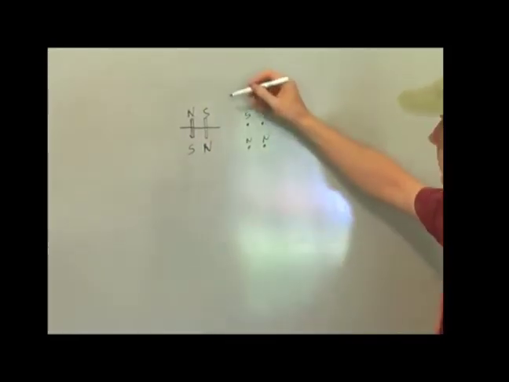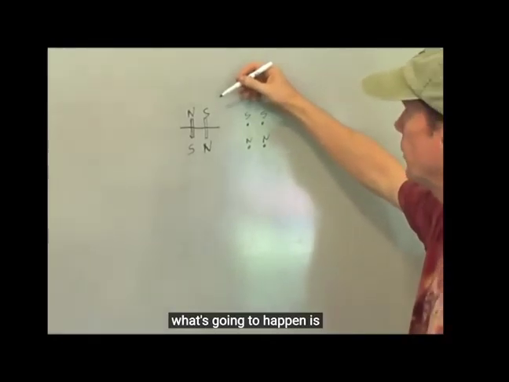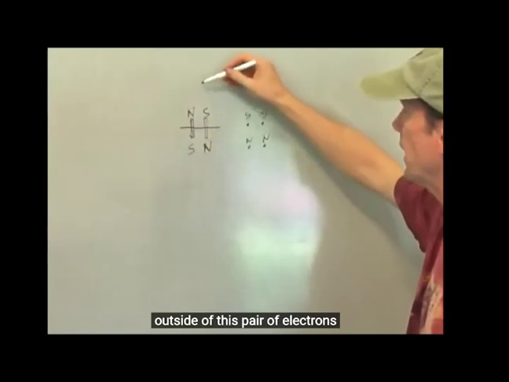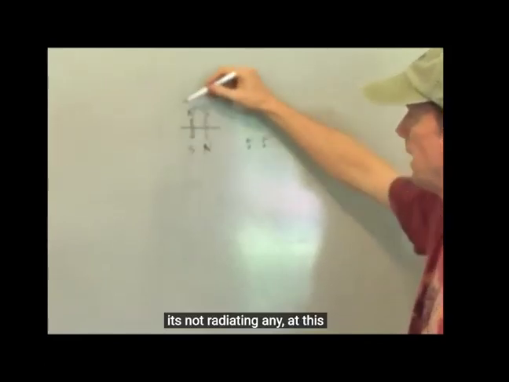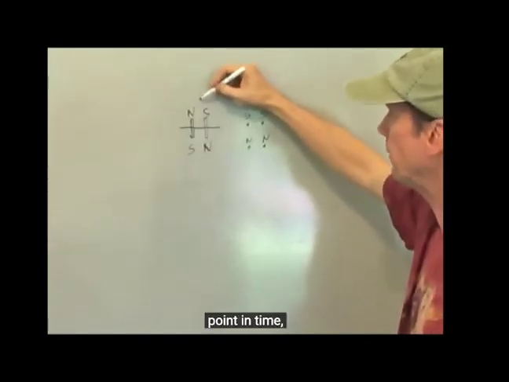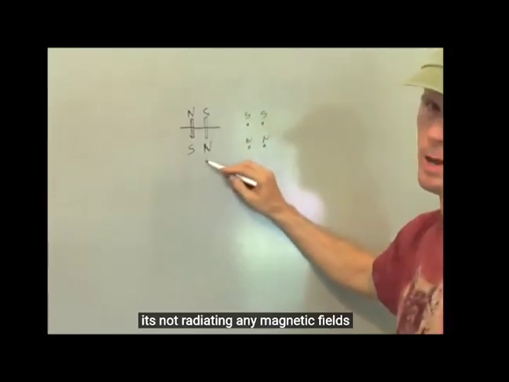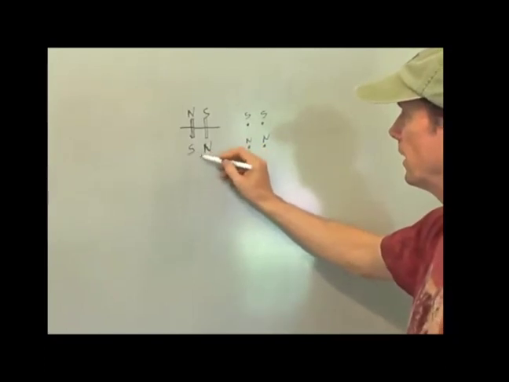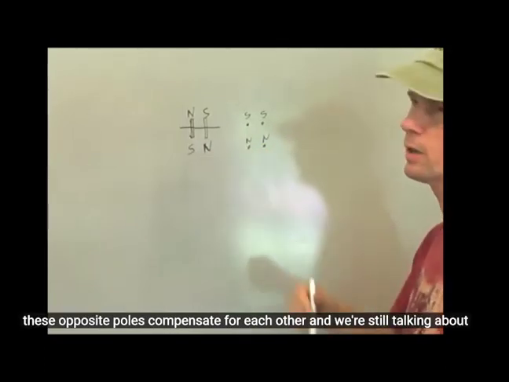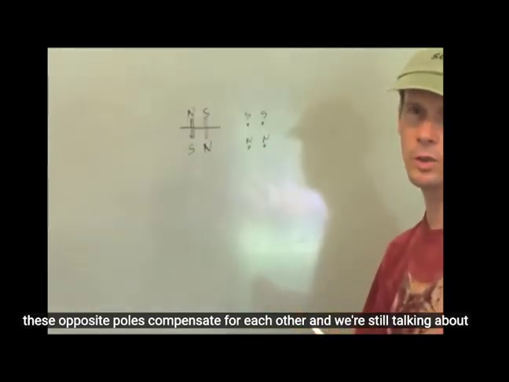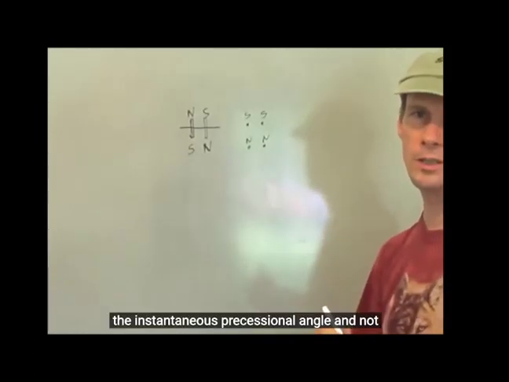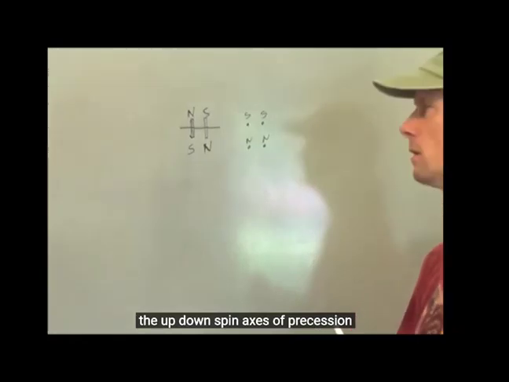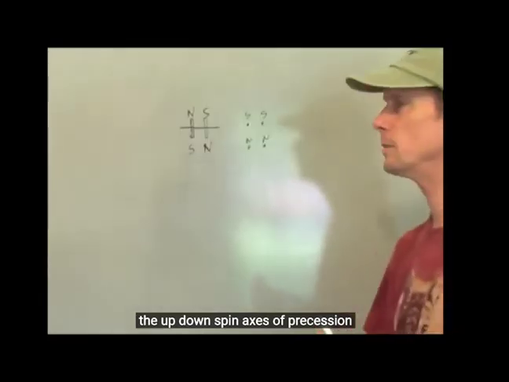So what's going to happen is, outside of this pair of electrons, at this point in time it's not radiating any magnetic fields external to itself, because these opposite poles compensate for each other, and we're still talking about the instantaneous precessional angle and not the up-down spin axes of precession.